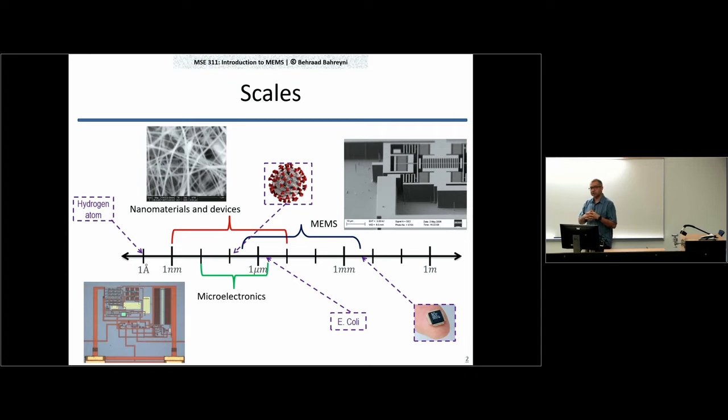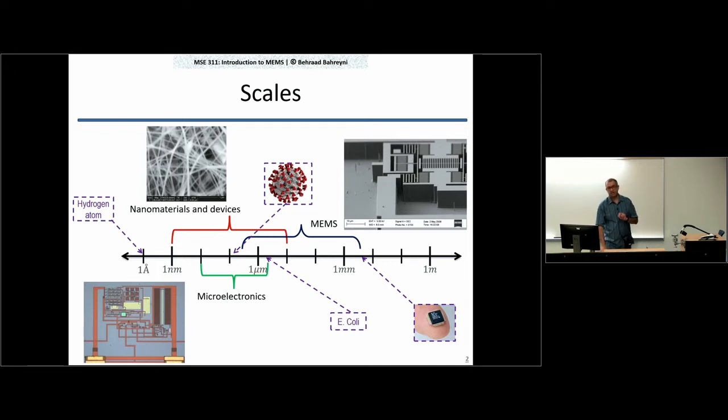Those critical dimensions are on the order of microns, let's say within a factor of 10, and they usually don't get much larger than a couple of millimeters on a side. So for most MEMS devices, the largest dimension of the device itself is on the order of tens to hundreds of microns. Sometimes it goes up to maybe a millimeter or two, and very rarely exceeds that.